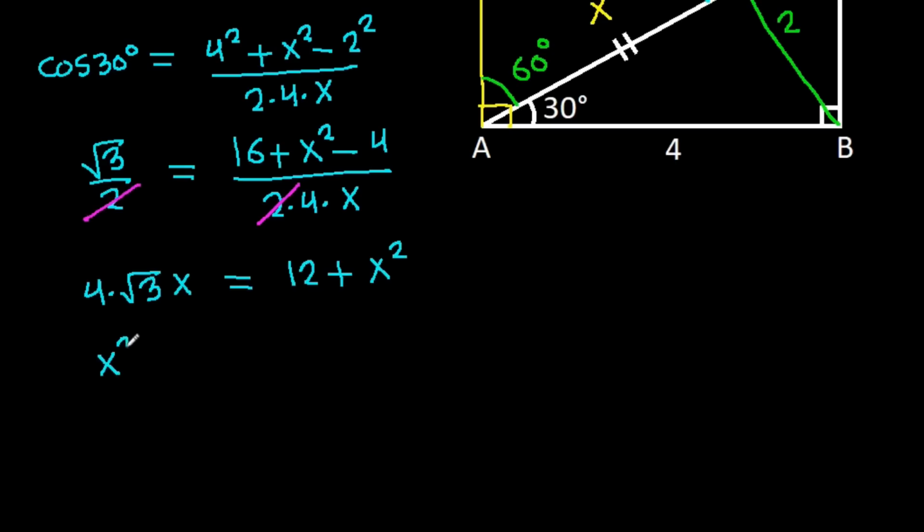and it is x squared plus 12 minus 4 times square root of 3 x equals 0.